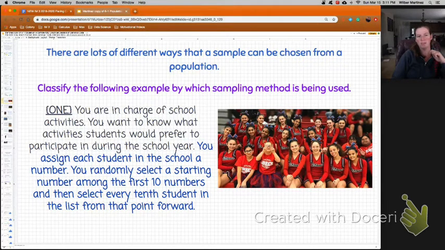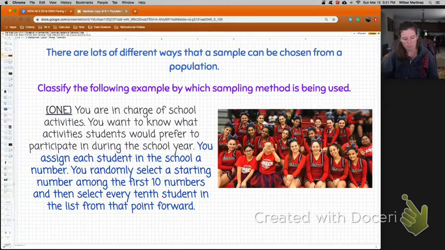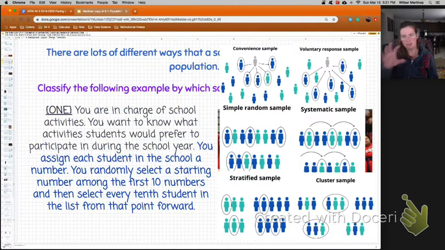So in blue, it says you assign each student in the school a number. You randomly select a starting number among the first 10 numbers, and then select every 10th student in the list from that point forward. So for this one, here is a picture of all of those different types of samples we said.